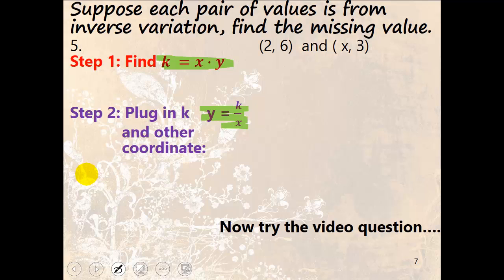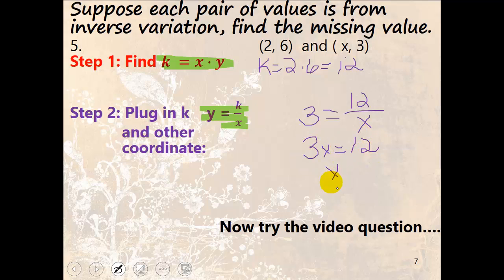So in this problem, my k is going to equal 2 times 6, which is 12. So now I'm going to plug in k, and plug in 3 for y, and figure out what my x value is. So I get 3 is equal to 12 divided by x. So 3x is equal to 12, and x is equal to 4.